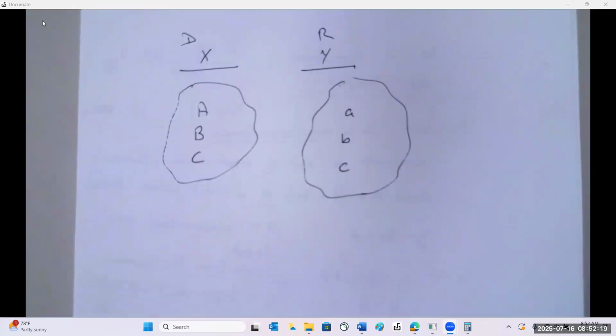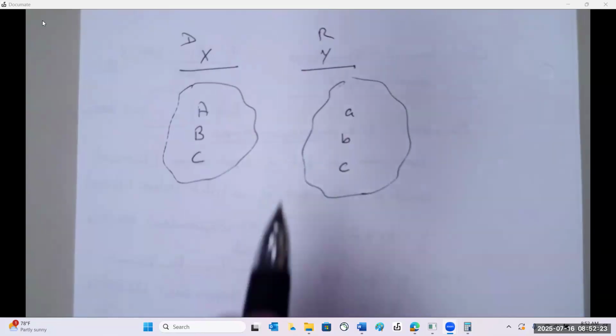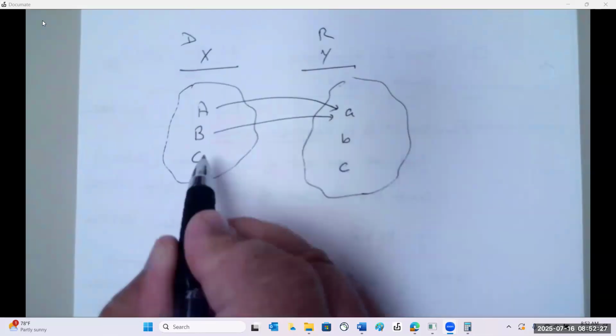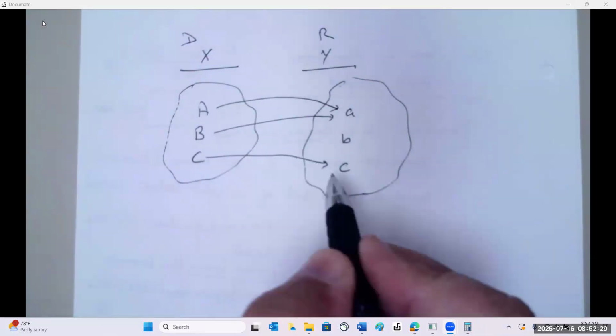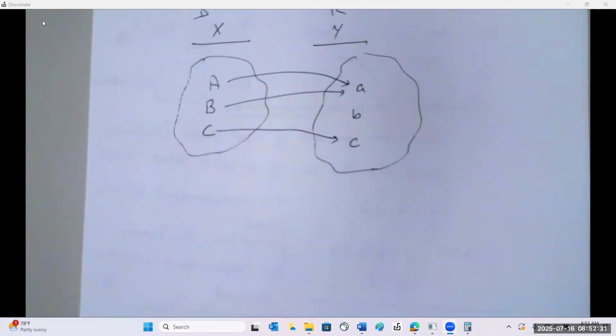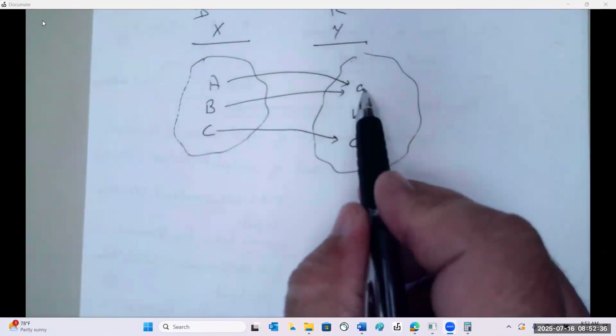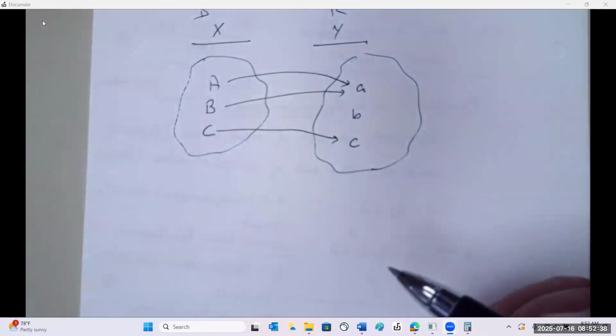So as I said, it's a correspondence between the first set of values and the second set. That's what I was saying, is this number here corresponds to one number only, or a number, I should say.